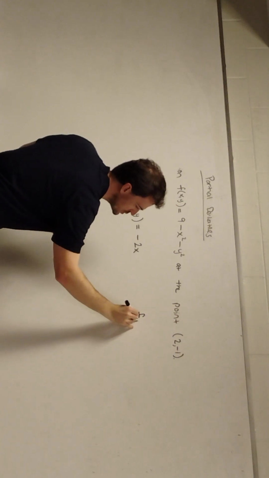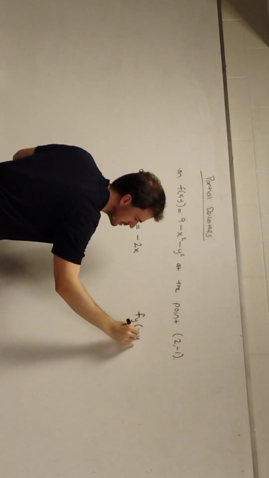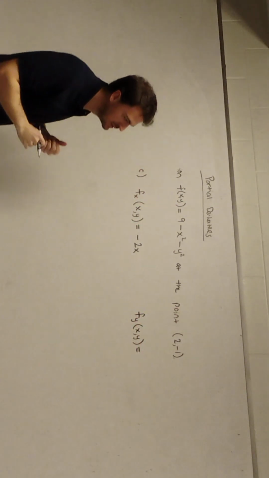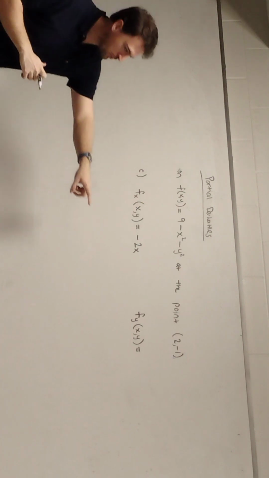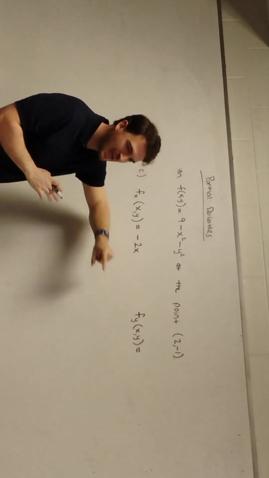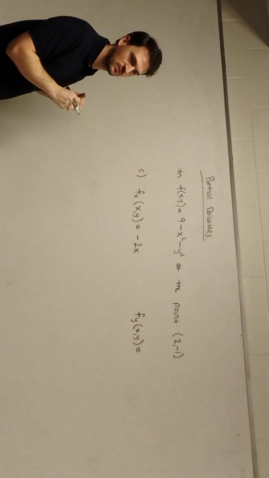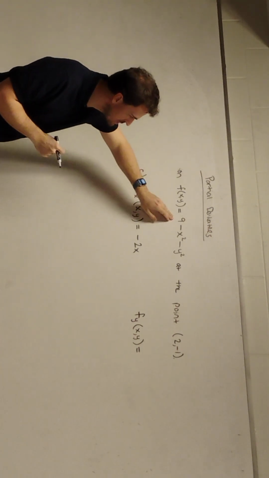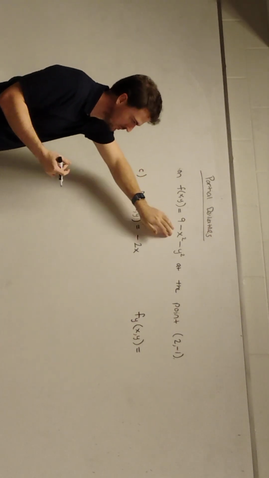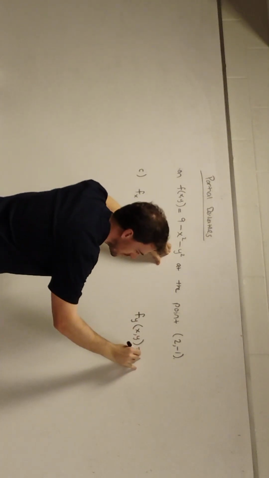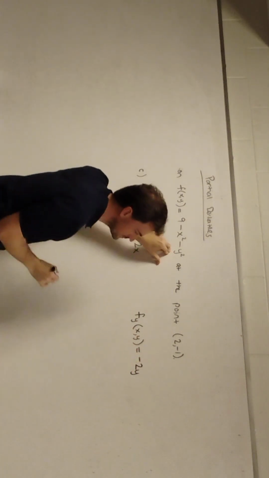If you want the partial derivative with respect to y, now, if I'm taking partials with respect to y, x is now a constant. So the derivative of 9 is 0. The derivative of this x term is 0. And I've got the derivative over here as negative 2.